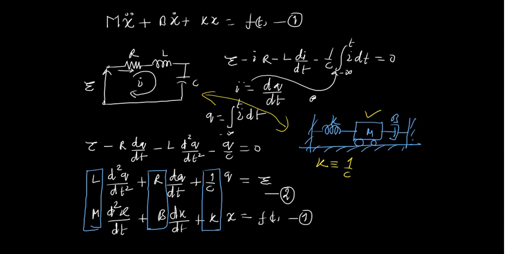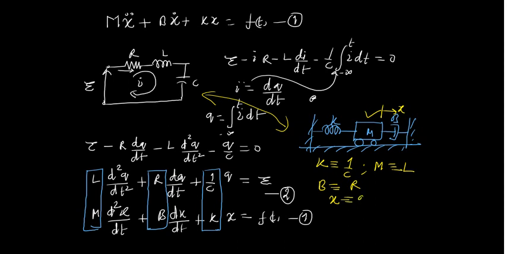Then here m, mass, is equivalent to inductance. Clear? Then what is left? The damping coefficient b is equivalent to R. So this is the equivalent analog system. This is clear to you? Okay, fine. Now, what is the relationship between the displacement? So this displacement x is equivalent to what?